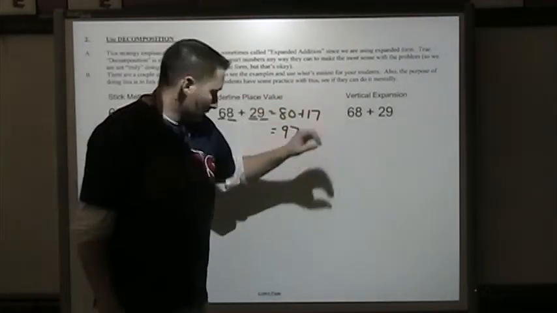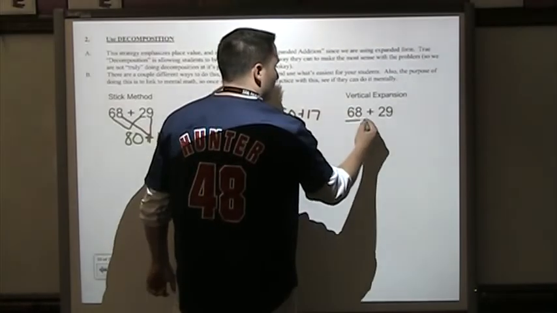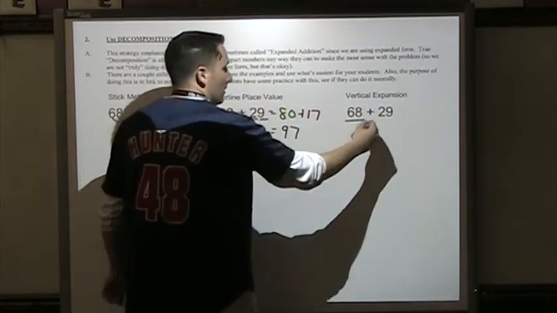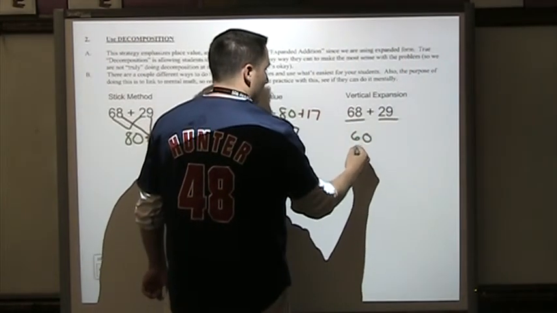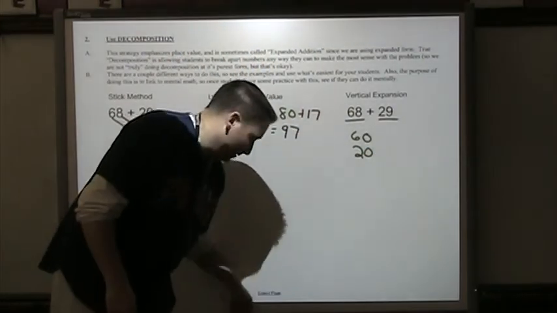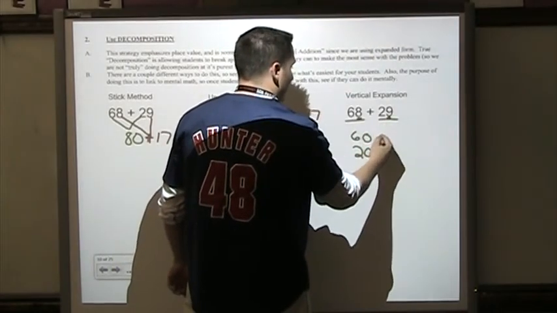And then this vertical expansion, so if I want to go 60, and then I want to go 20, last time I didn't color code, this time I can, because I remembered. And then I have this place be here.